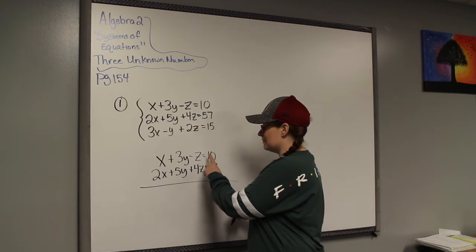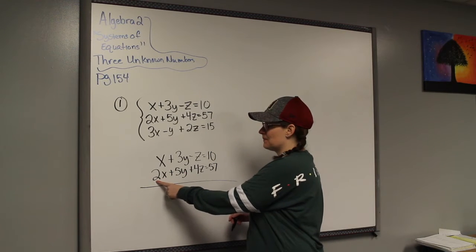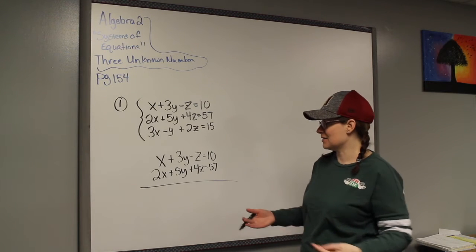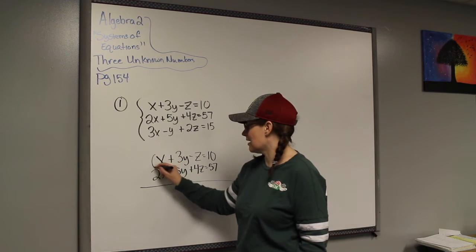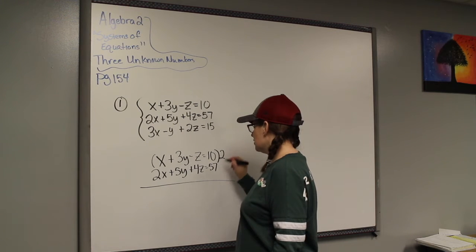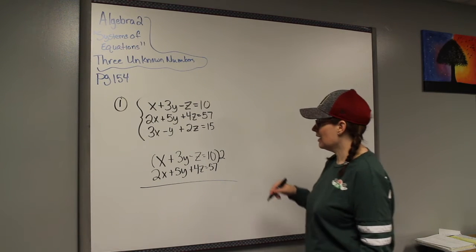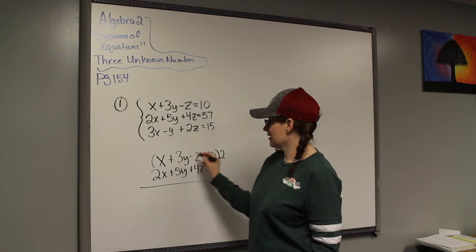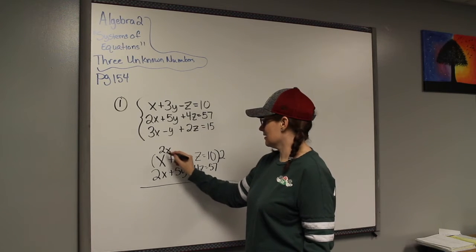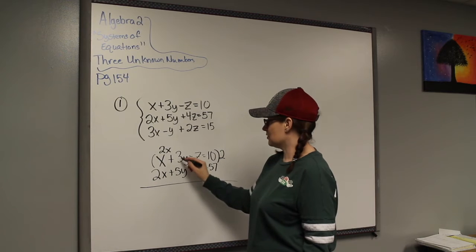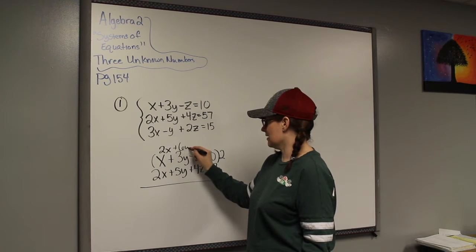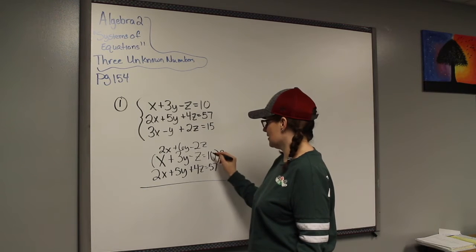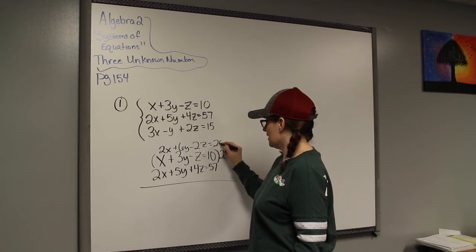Alright, so let's just go ahead and make x disappear. If this is a 2, this one needs a 2 so that I can subtract them and get them to cancel out. So I need to multiply this top equation by 2. That's going to give me 2x, and then 2 times 3y would be 6y. 2 times negative z would be negative 2z, and 2 times 10 would be 20, okay?